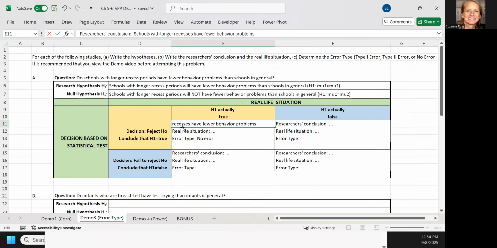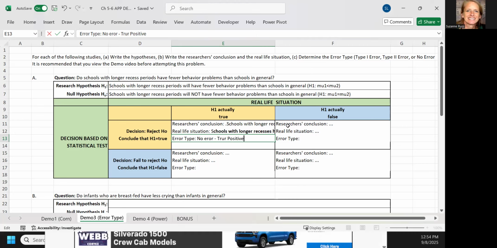And the real life situation is that schools with longer recess periods have fewer behavior problems. In fact, we can copy it right from our hypotheses. Those two things are identical, and so there's no error. This is a true positive.